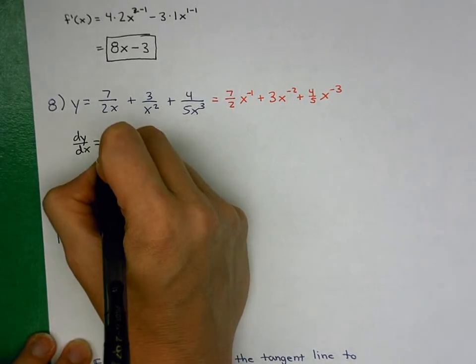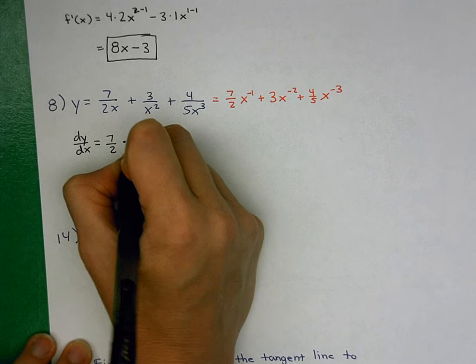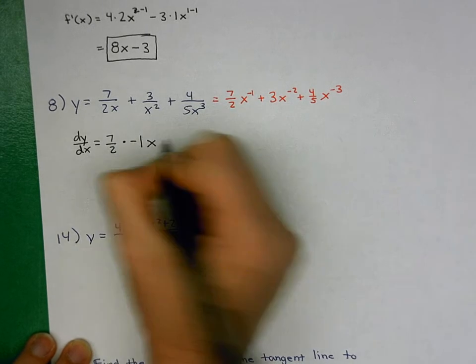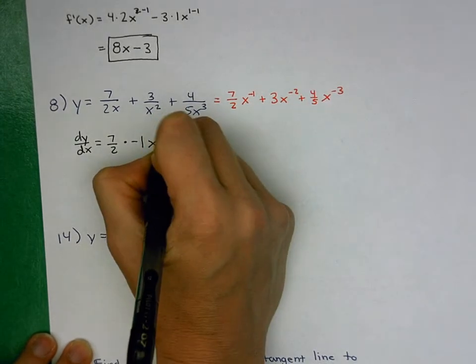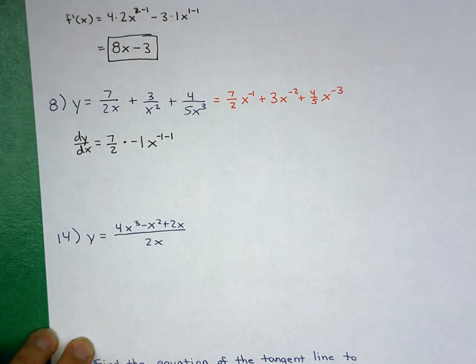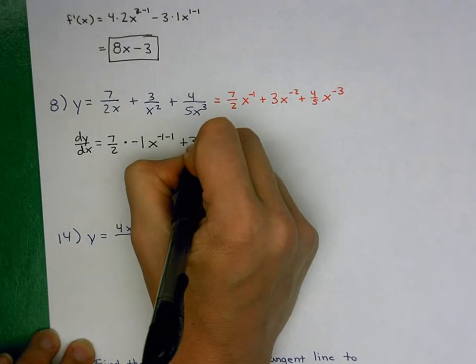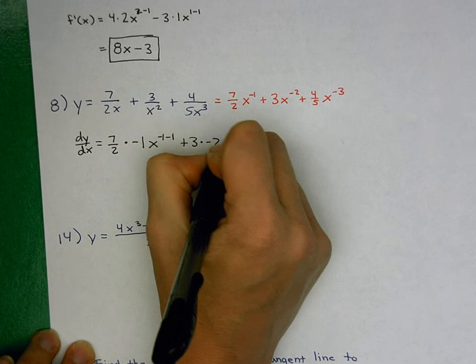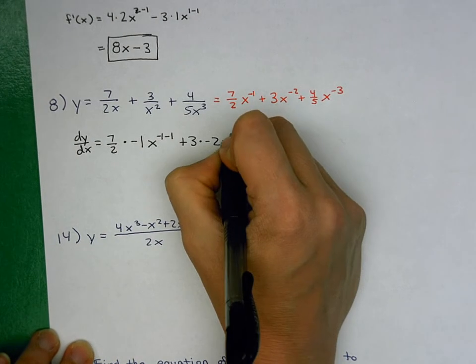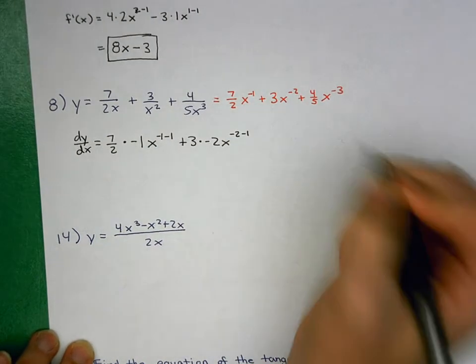We have in the first term n is negative 1, so we're bringing that negative 1 down in front, and our exponent becomes negative 1 minus 1. In the second term, our n is negative 2, and so we're going to bring that negative 2 down in front. Our exponent is going to become negative 2 minus 1.